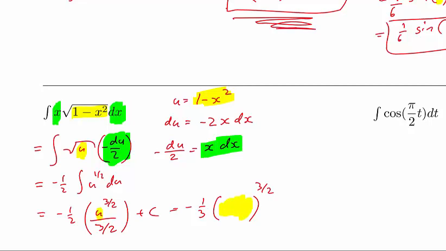All right, we're going to make that substitution right there. Don't forget to add the constant. All right, and in case you're wondering where this 2 went, well, it canceled with this guy here.